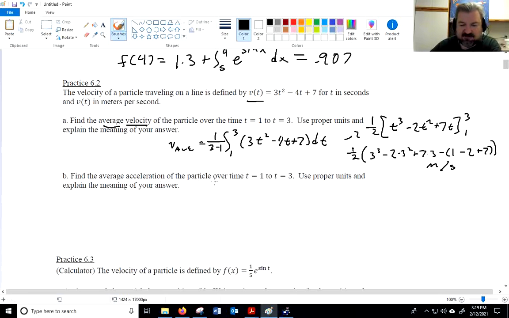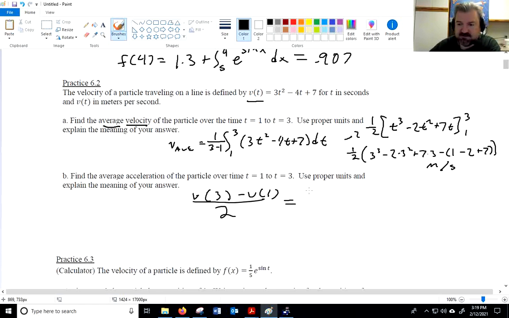Now it wants us to find the average acceleration of the particle from t equals 1 to 3. Well, that is an average rate of change because acceleration is the rate of change of velocity. So that is going to be equal to v of 3 minus v of 1 over 3 minus 1, which is 2.